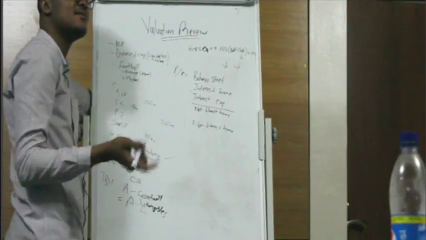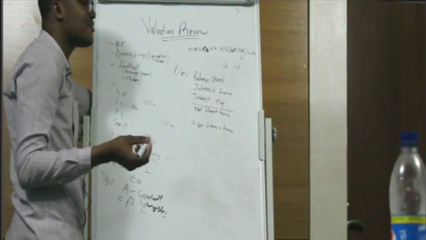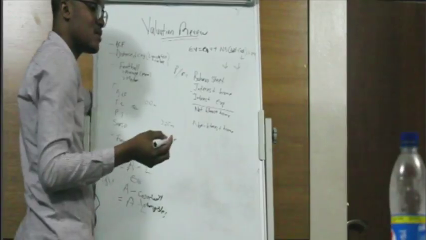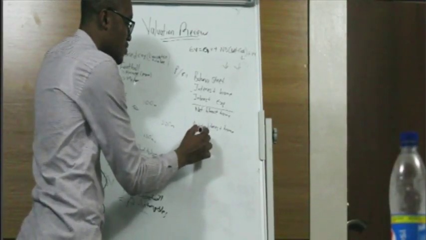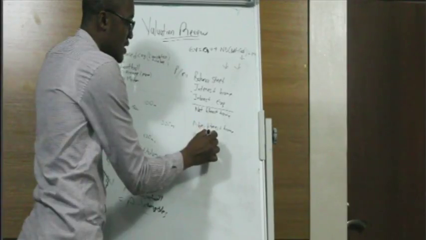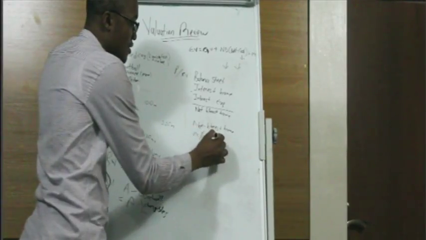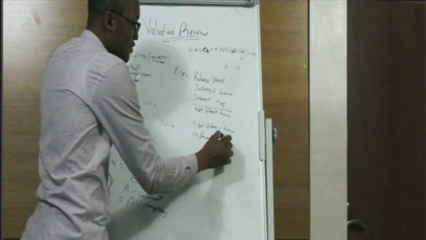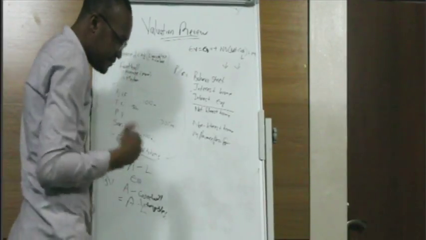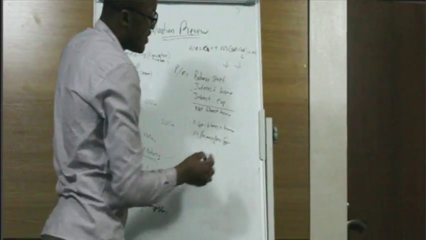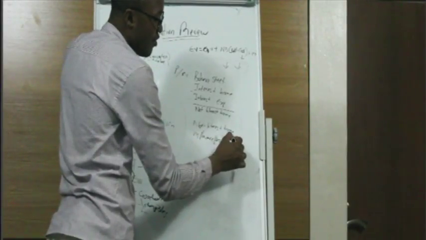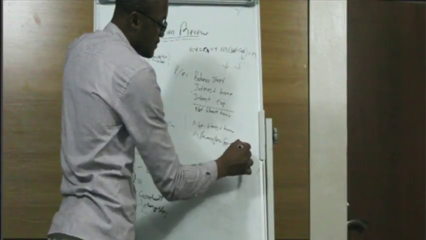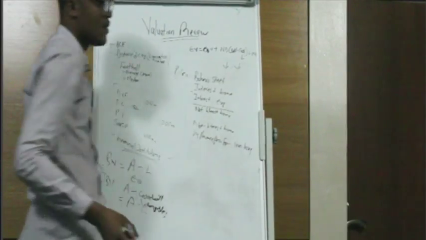There's allowance or provision for loan losses, or something like that. I can't really remember the exact word they call it. And what have you.